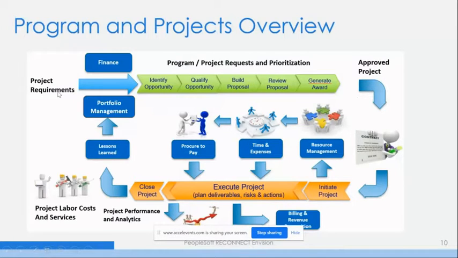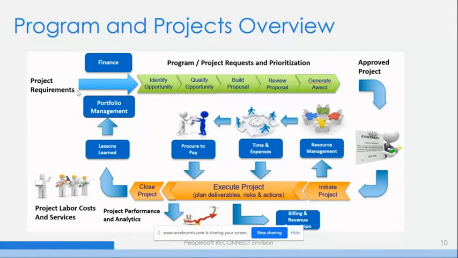It could be opportunities for projects that, in the traditional sense, if you're a services firm, you're competing for business, bidding on projects. It's also where grants come in. Again, research organizations, universities, public sector organizations are bidding for grants. You can think of all of those as a similar process.